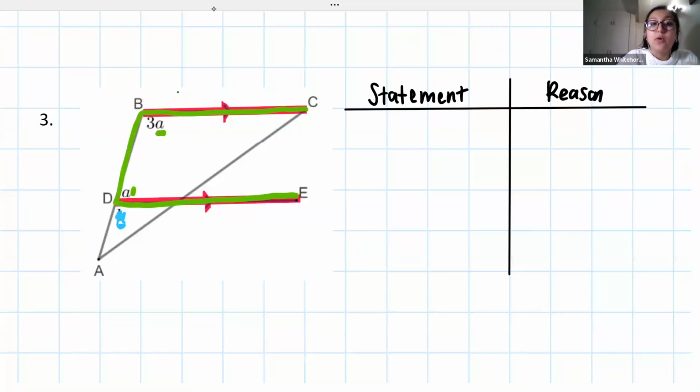So these 2 angles are co-interior to each other.